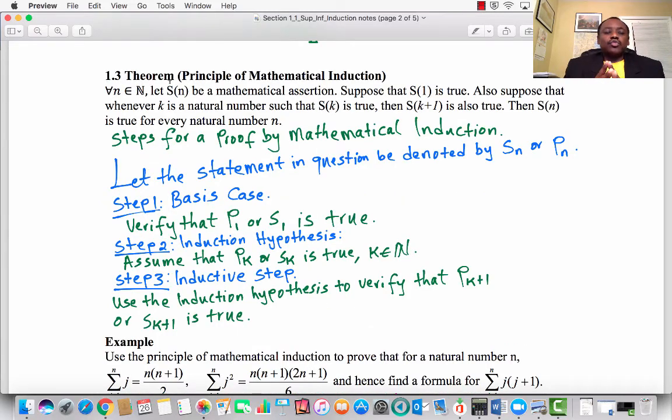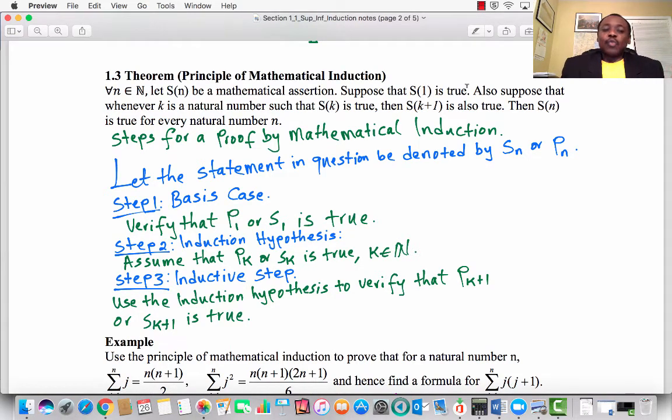Okay, let's move on to 1.3, theorem: the principle of mathematical induction, PMI. Whenever I say PMI, I would always mean the principle of mathematical induction. The theorem says for every n in N, for every natural number n, let S(n) be a mathematical assertion. Suppose that S(1) is true. That means the statement is true when n equals 1.